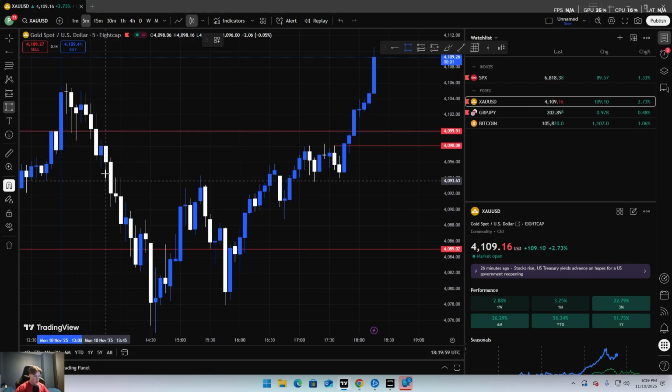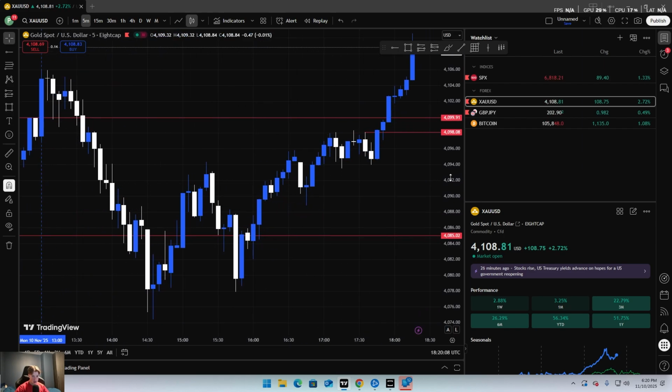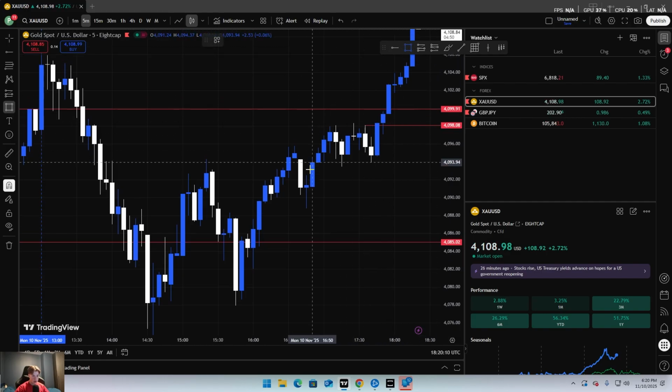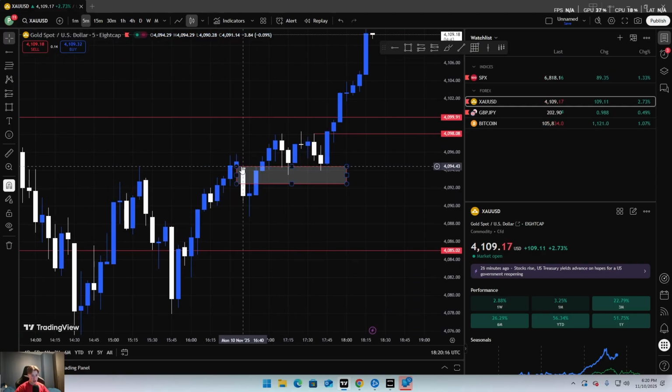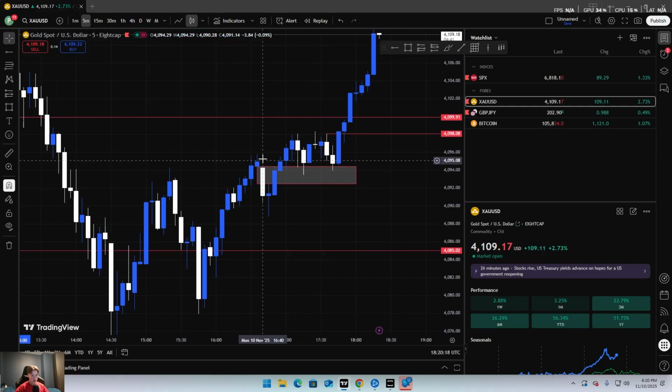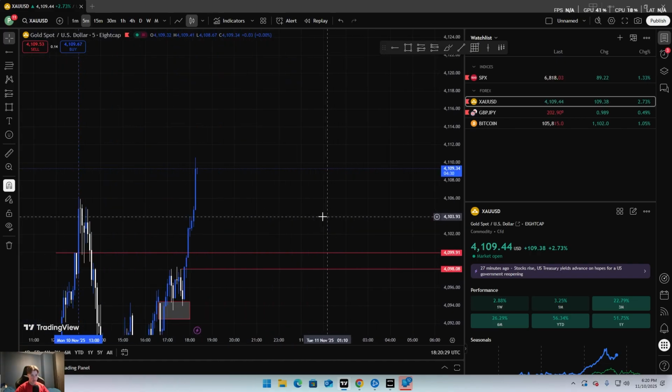Do we see any inverse fair value gaps that got filled just over here? We actually can see some. There's an inverse fair value gap filled here, and a break of structure happening here. We can also see a liquidity sweep over here. The market used that liquidity sweep and just went back up. It didn't fill those orders, sadly, but yeah, so we have that.